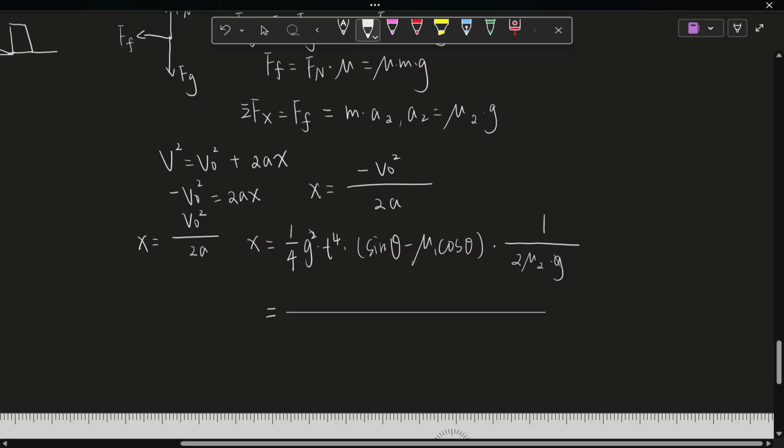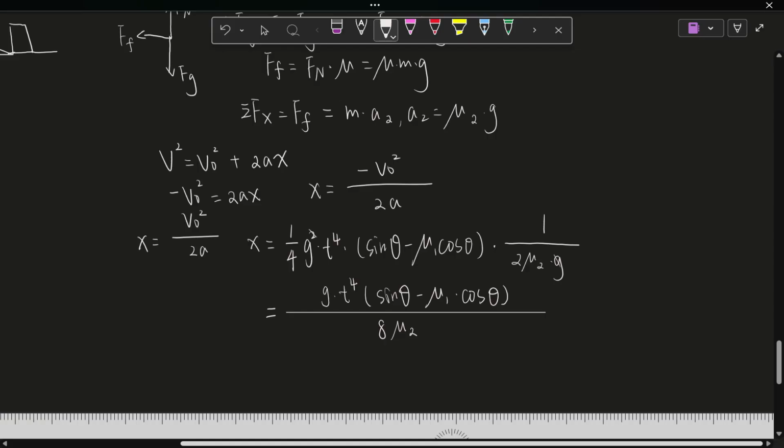We'll get something like 8 mu2 on the denominator, and on the numerator we'll get g times t to the fourth times sine theta minus mu1 times cosine theta. And this is your answer for the last part.